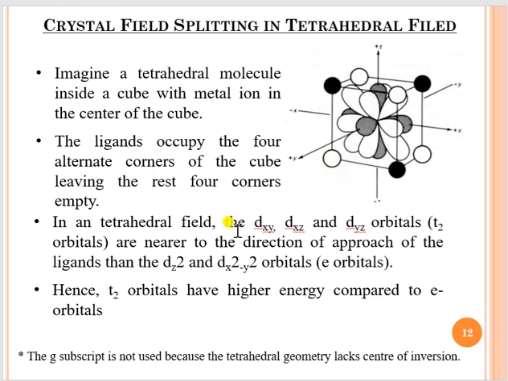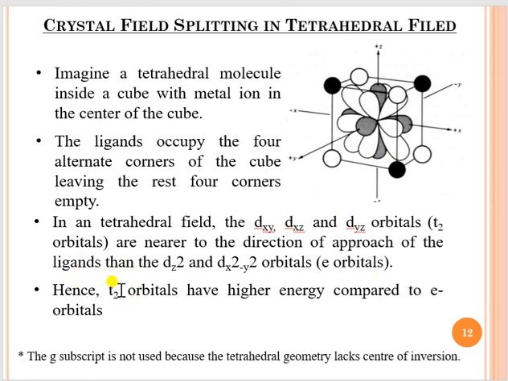So in a tetrahedral field, the dxy, dxz and dyz orbitals are nearer to the direction of approach because the ligands are approaching from in between the axes, while the dz square and dx square minus y square orbitals are along the axis and are less close to the approaching ligands. So the t2 orbitals have higher energy compared to the e orbitals.